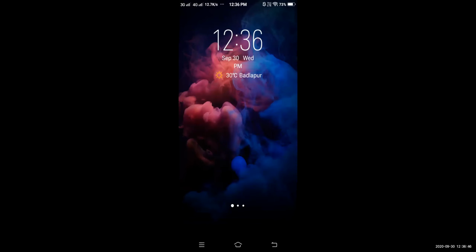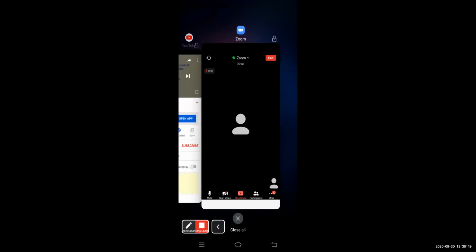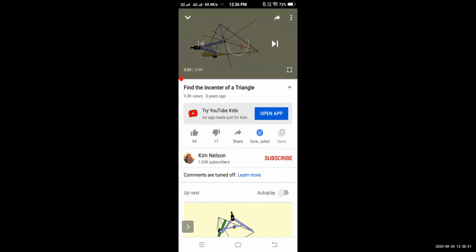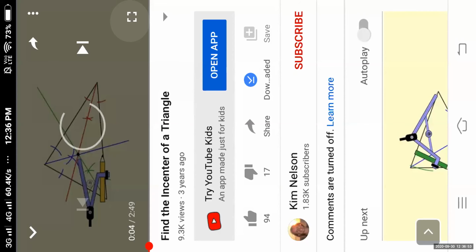By just looking at this, you will get the concept all clear about the incenter and circumcenter.